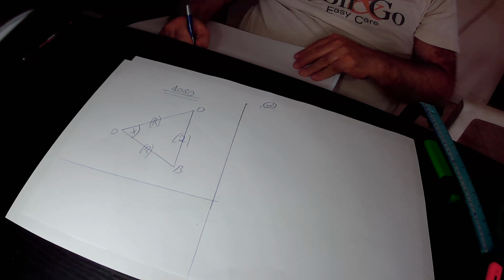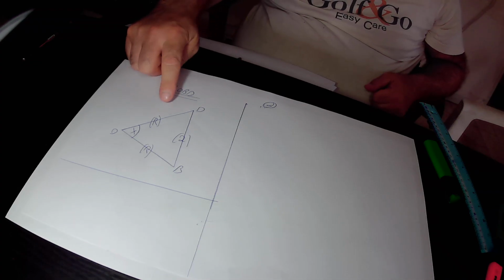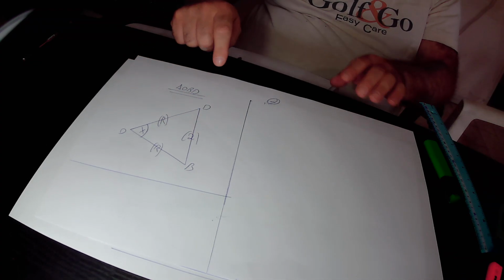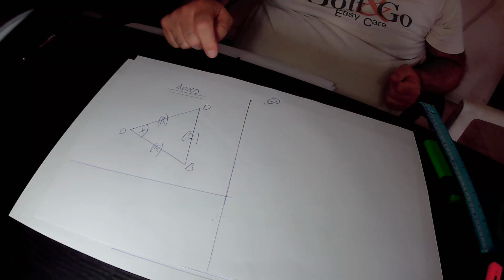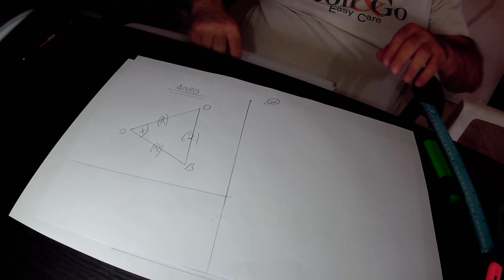According to the law of cosines, cosine x equals OD squared plus OB squared minus DB squared over 2 times OD times OB. So write it down.